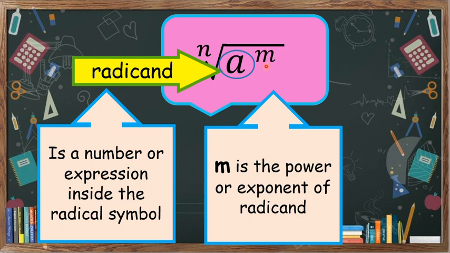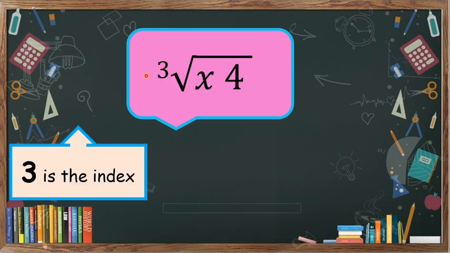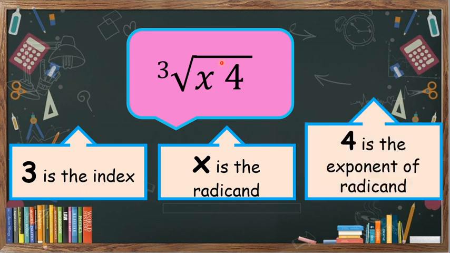Now, m here is the power or exponent of the radicand. As you can see, this is the radicand and it is its exponent or power. Now here, 3 is the index and x is the radicand. By the way, 4 here is written in smaller form, and 4 is the exponent of the radicand.